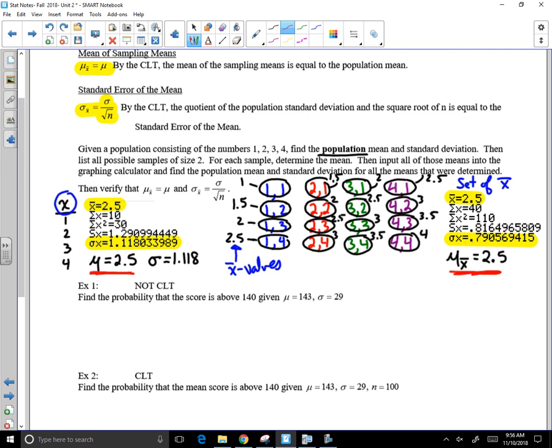Now, as far as the standard deviation is concerned, that standard deviation, sigma, is also of those means. In this case, it's 0.791, approximate. That doesn't look anything like the 1.118.